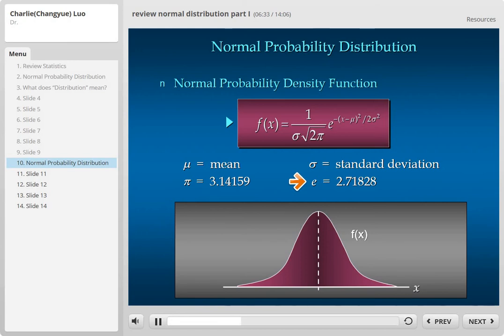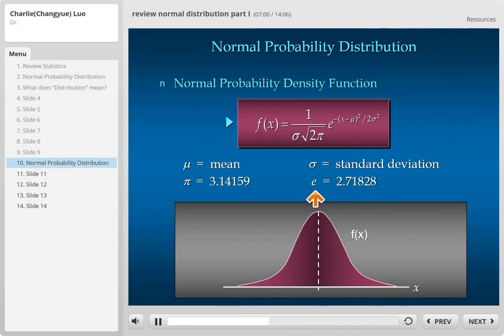Every time you see an e in mathematics, it's basically this number. There's nothing special about this. Just give a number a special name, special label, because we use this number a lot in mathematics. So for convenience, we name this one as pi, this one as e.